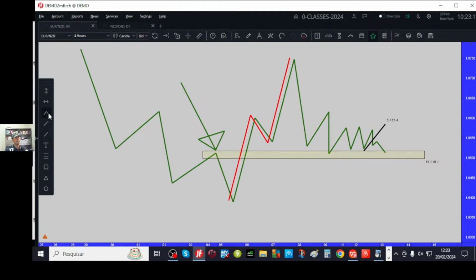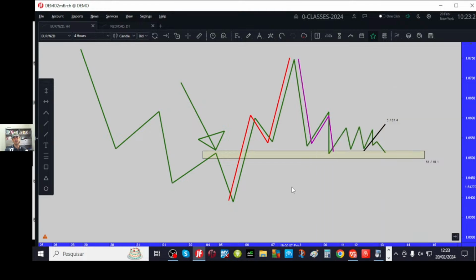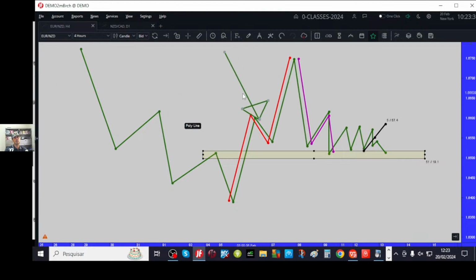Can you relate to this, everybody? You are not seeing that the market made a lower low, lower high, lower low. You are not seeing this one. You are not seeing the violet. Your brain is seeing the red one and the danger. I'm short here. I'm going to short in here.